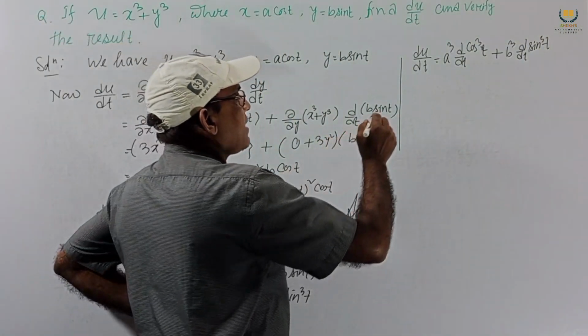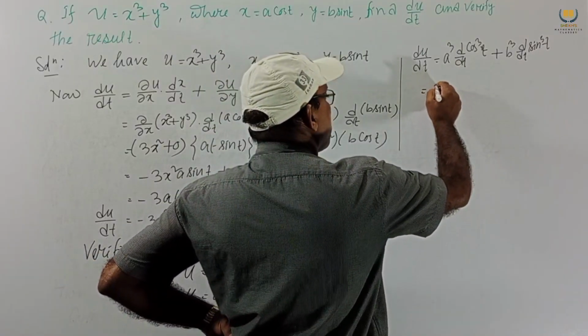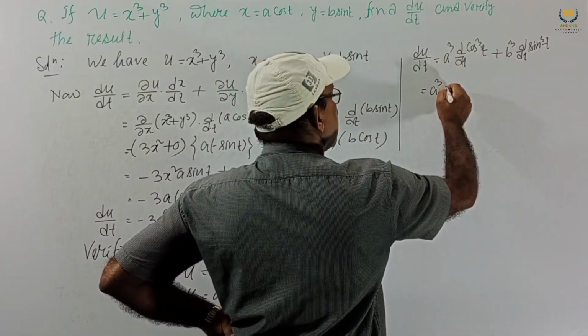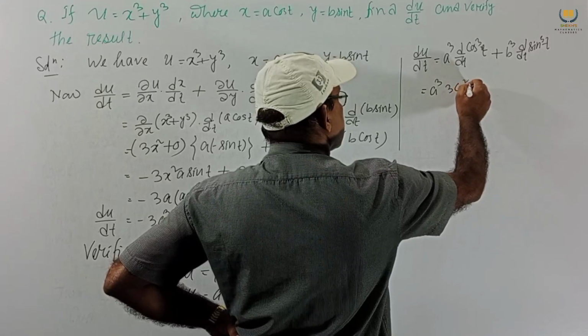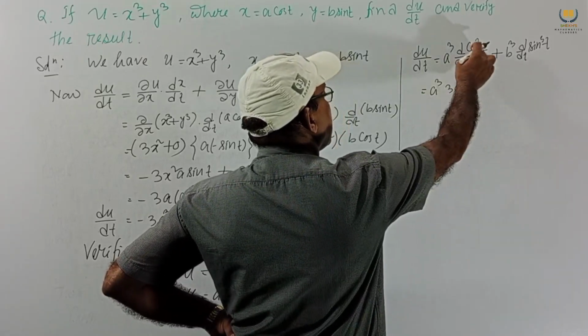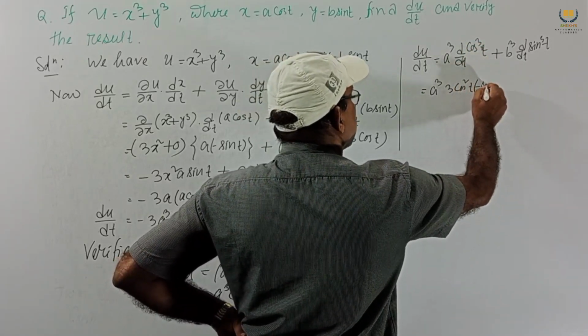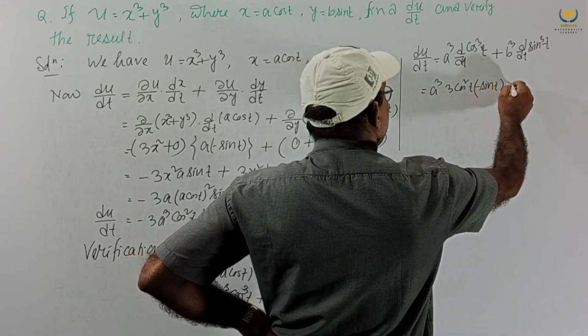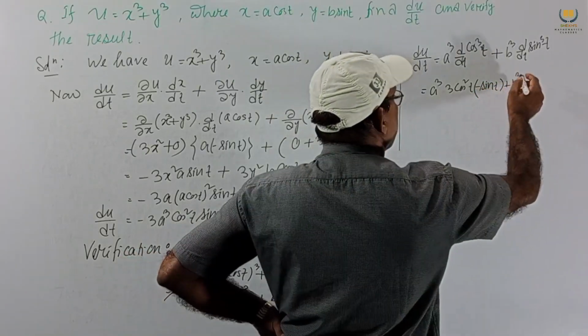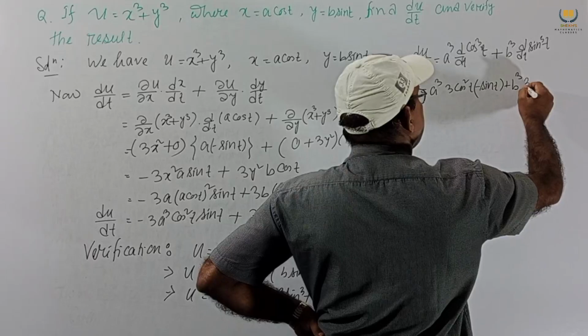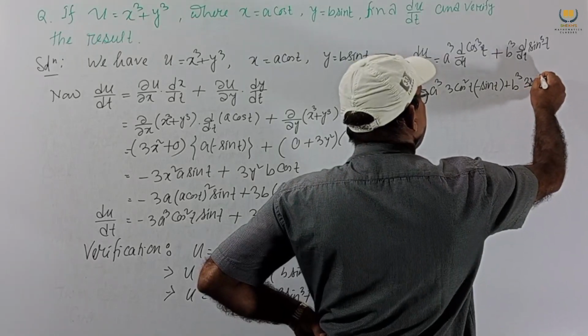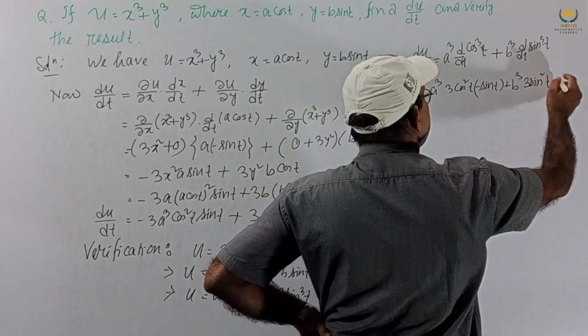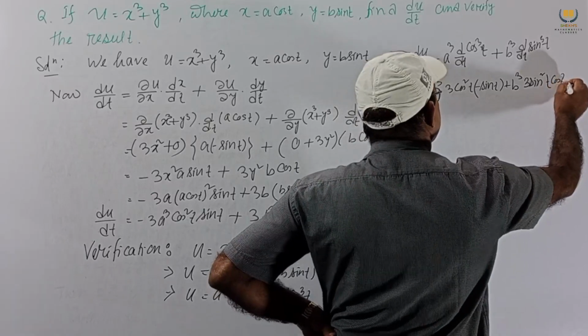Now if we directly write the result, a cube into 3 cos square t and d/dt of cos t means minus sin t, and b cube, if we differentiate directly, 3 sin square t and d/dt of sin t is cos t.